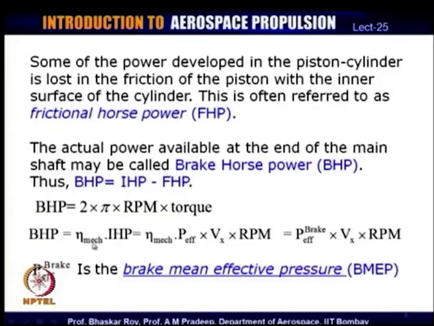Now, the BHP can also be written down in terms of IHP into the mechanical efficiency of transmission of the crankshaft, and that again into various parameters here: the P effective, the total volume, the RPM, and as a result we get a parameter which we call P effective brake.